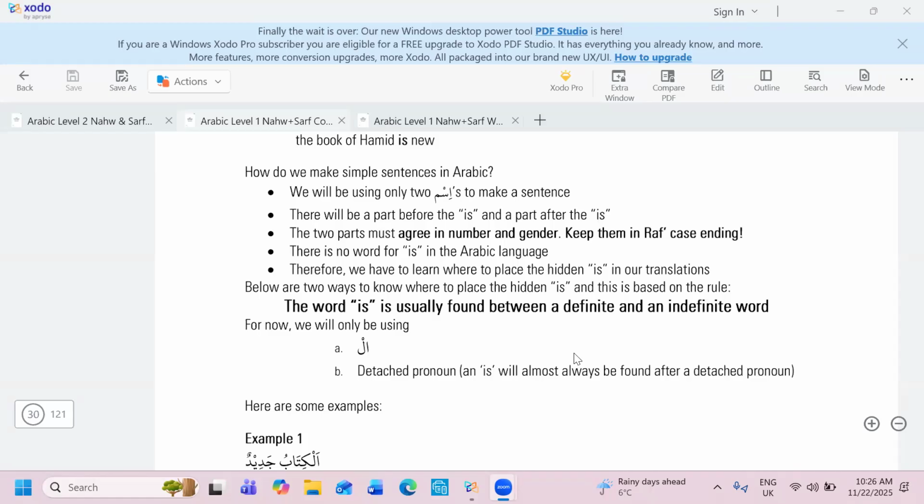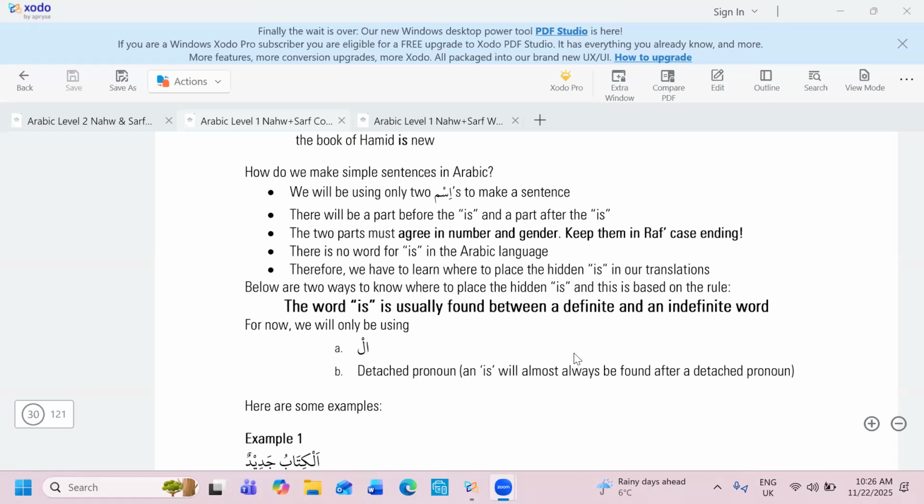Mubtada definite and the khabar has to be indefinite. Okay. How many things about the ism have we learned? 4. What are they? Case ending, number, gender, type. So we're going to use all those 4 things to help us make a sentence. And so far we've only discussed what?